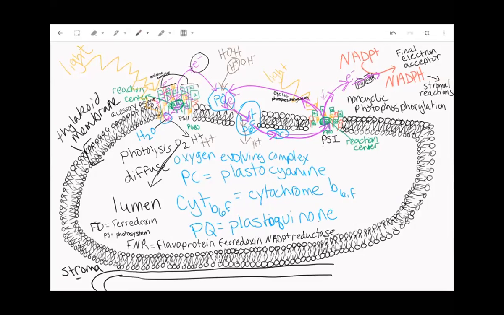So this is happening during the non-cyclic portion of this process and the cyclic portion of this process. And this is why we think both cycles exist, both the non-cyclic and the cyclic photophosphorylation, is to really get protons pumped across that membrane.